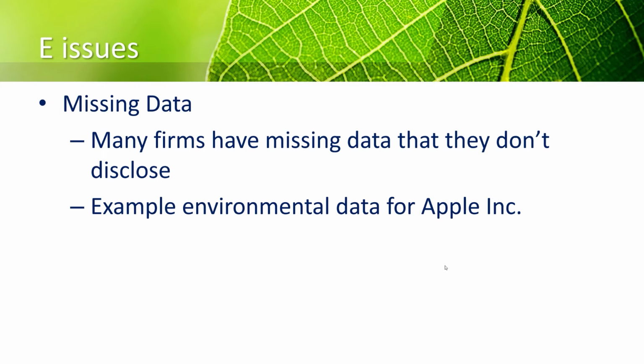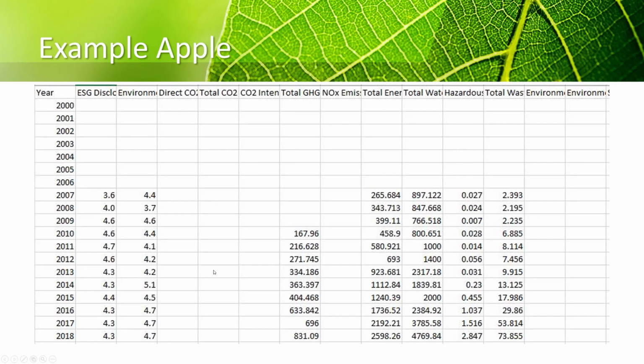Let's take an example from a ratings firm. I got their environmental data that went into their ratings for Apple Incorporated in 2018. Here we see their ratings. I have disguised their ratings, so these are no longer the ratings they actually issued. These are disguised numbers now, so you can't figure out who the rater is. And here is the total greenhouse gases that were issued by Apple during 2010 to 2018.